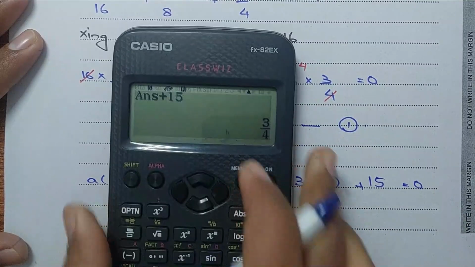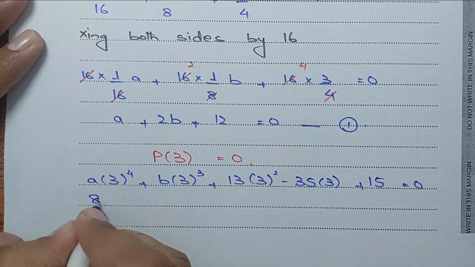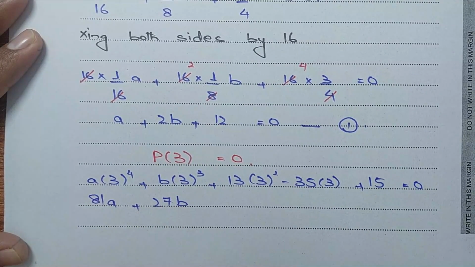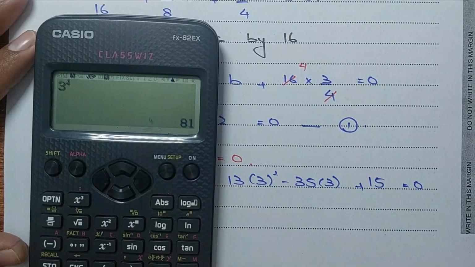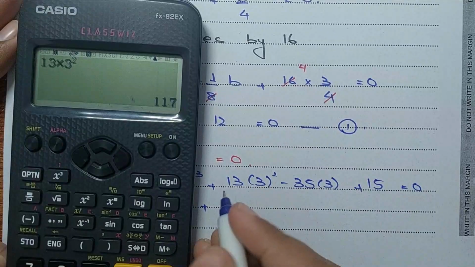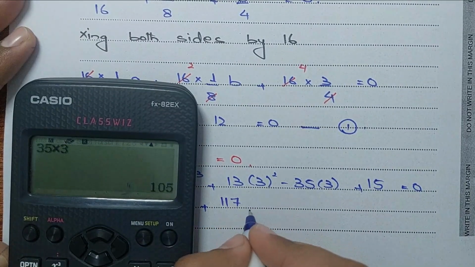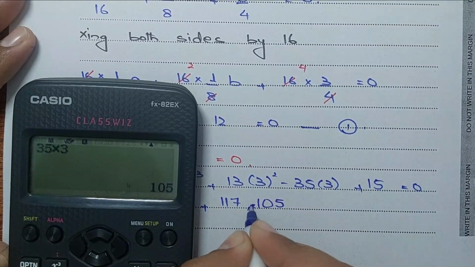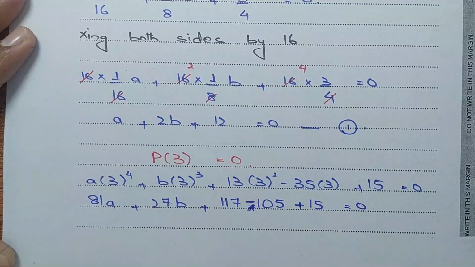Now 3 to the power 4 is 81. So 81 is the coefficient of A. 27 is the coefficient of B because 3 cube is 27. And what is 13 times 3 square? 117. And what is 35 times 3? 105 with this negative plus 15 equals 0.